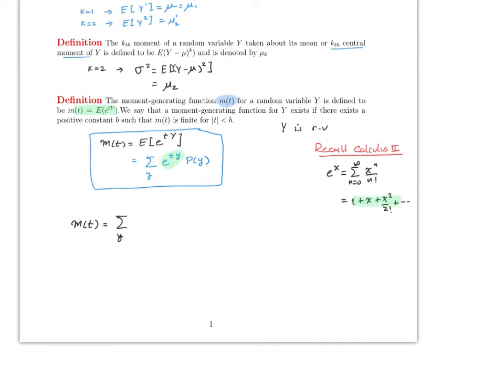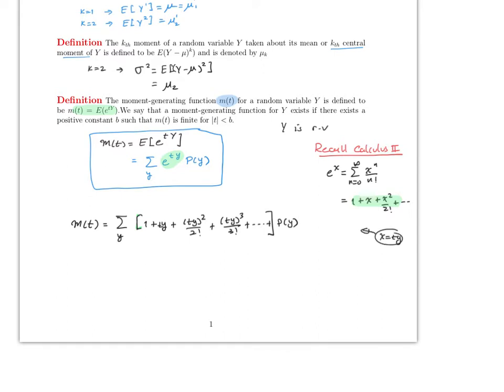So we use that definition, that will be equal to 1 plus ty plus ty squared over 2 factorial plus ty cubed over 3 factorial and so forth, and all of this multiplied times p of y. The only difference here is our x value that we're using. Our x is equal to ty.